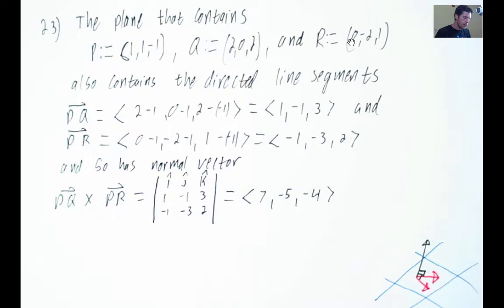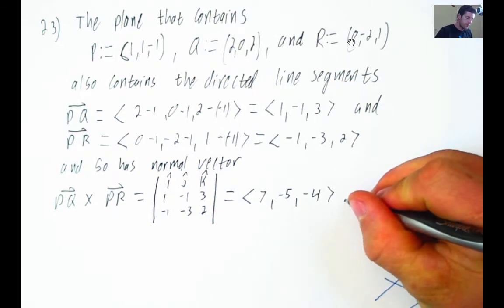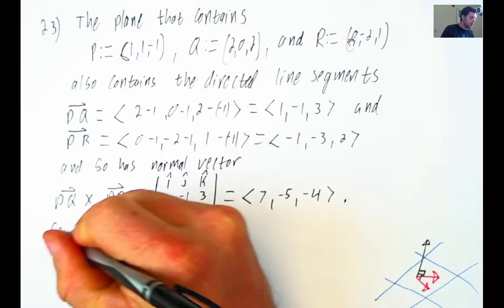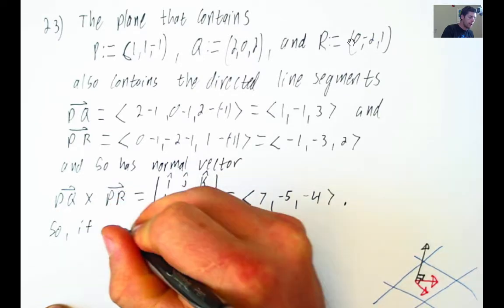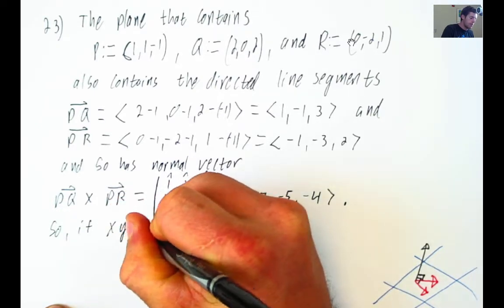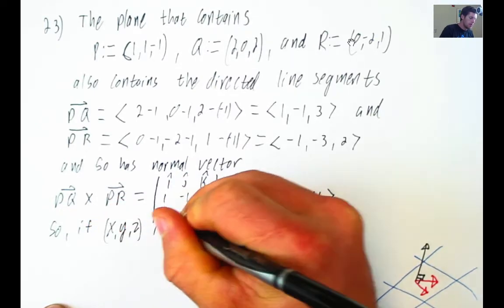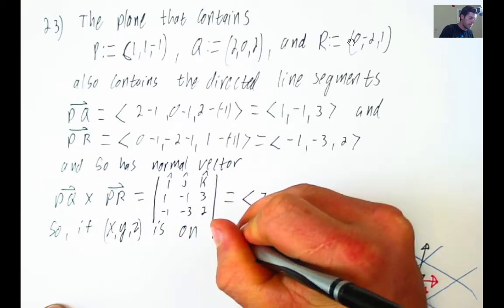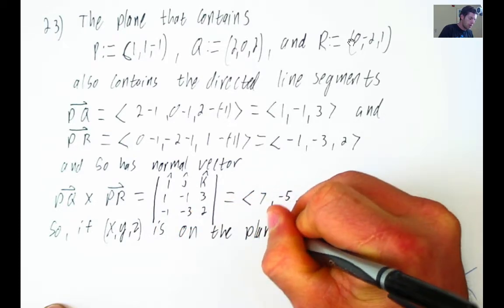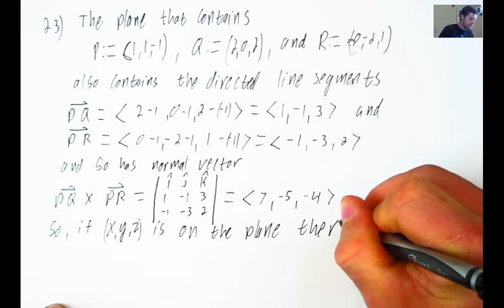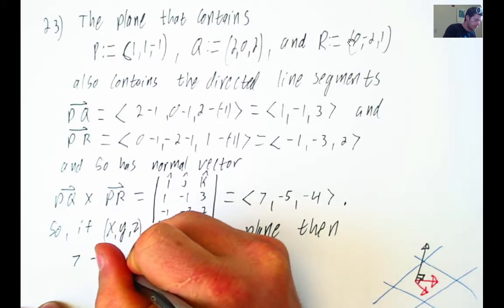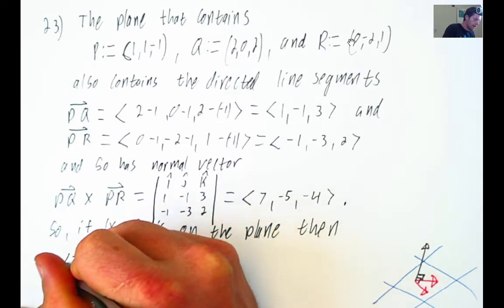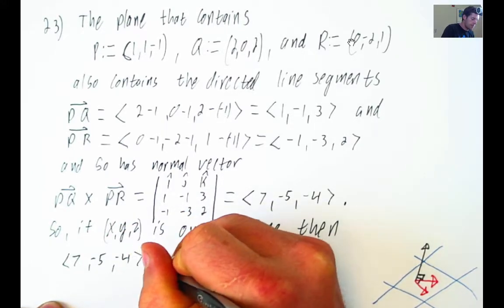Okay, and next I'll talk about an arbitrary point on the plane. If x, y, z, the point, is on the plane, then the normal vector 7, -5, -4, dotted with x, y, z.